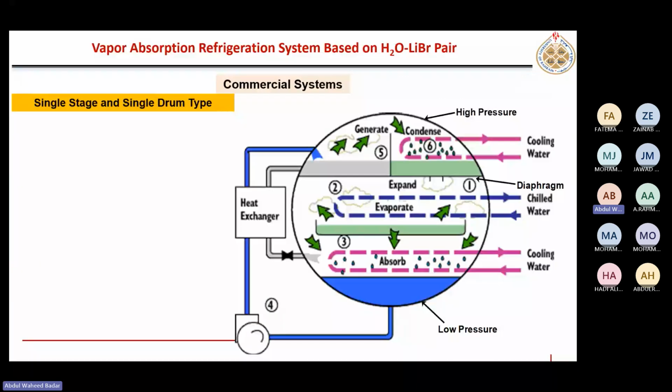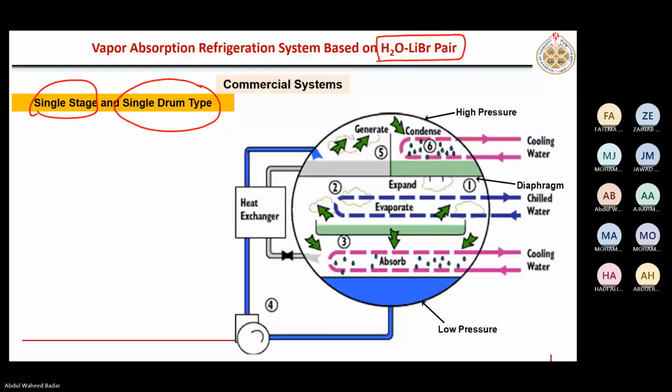Here you see another version of commercial system, a commercially available water lithium bromide system. It is still single stage, but single drum. All the components are in one single drum.